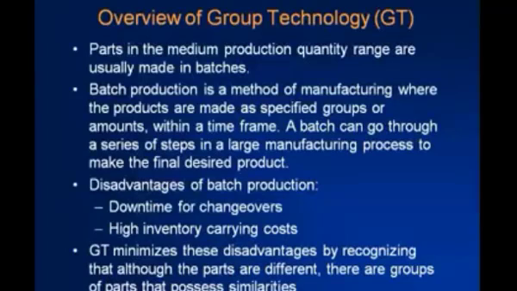But this batch production is a conventional and traditional way of manufacturing, and it has certain disadvantages. Downtime for changeovers is higher, as well as the high inventory cost associated with this traditional batch production.